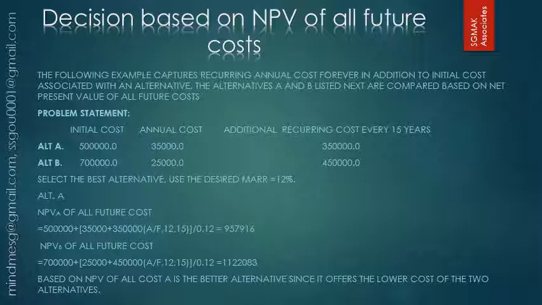When you add it to the initial cost, it gives you $1,122,000.83 as total cost. Of course, we are dealing with just the cost aspect, assuming the benefits are the same. So based on the data given, we'll select the alternative that has the lower net present value of all future costs. Based on that reasoning, alternative A is the preferred alternative.